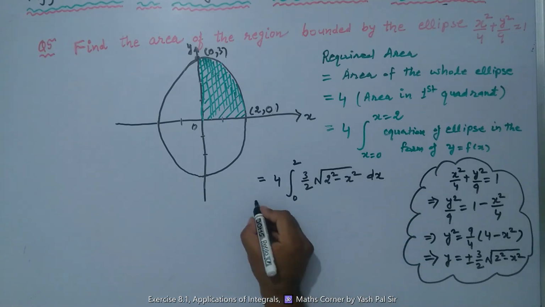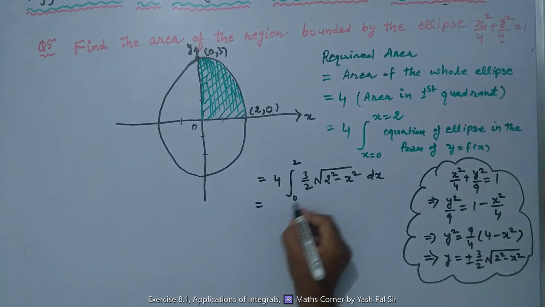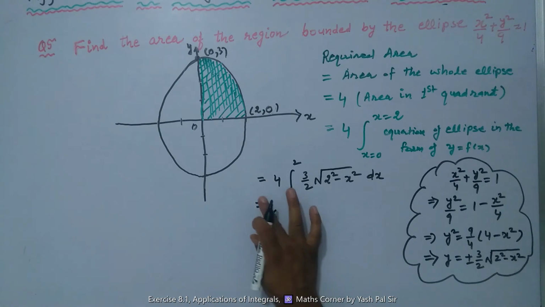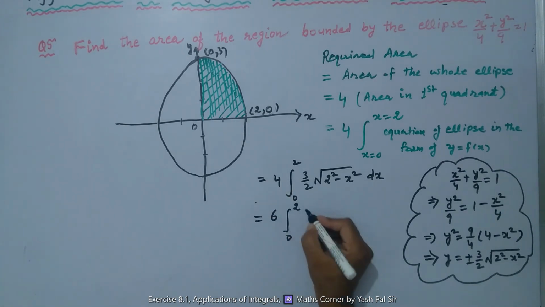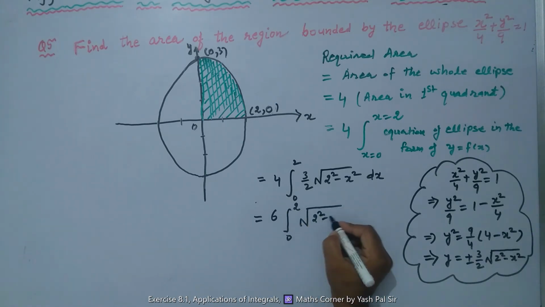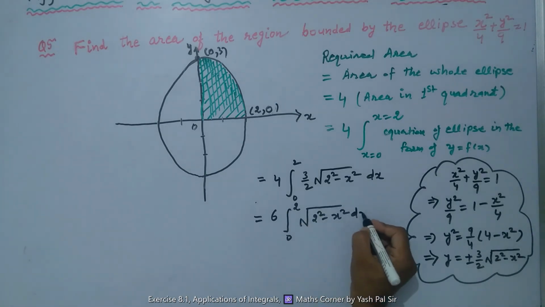So this becomes 4 upon 2, 2 into 3, 6 times the integral from 0 to 2 of square root of 2 square minus x square dx.